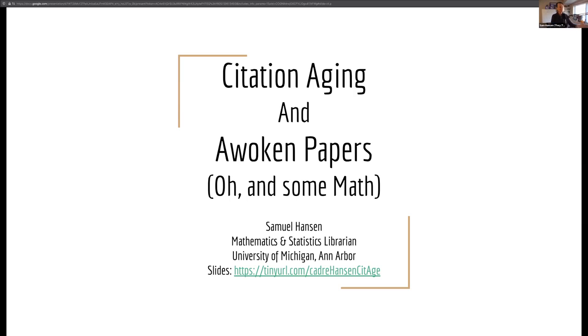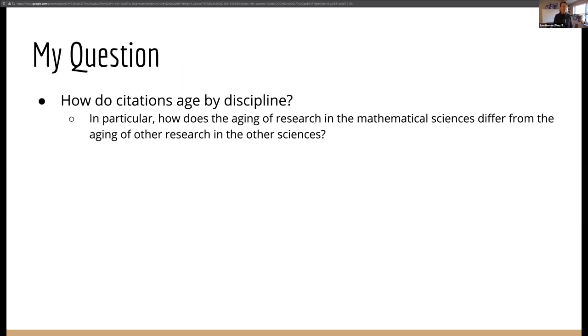So first, let's talk about my question. My question is, how do citations age by discipline? So what are the disciplinary differences? And in particular, I am a person from a math background. I didn't just happen to become a math librarian by accident. That was literally my goal when I went to library school.